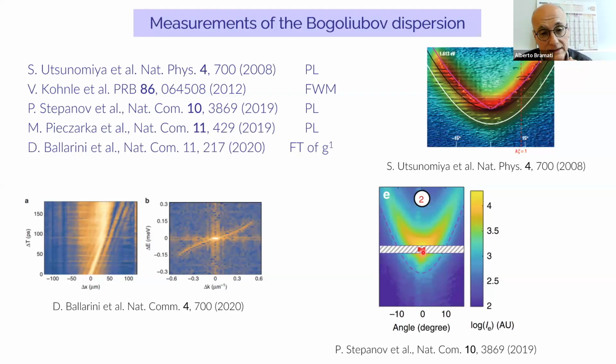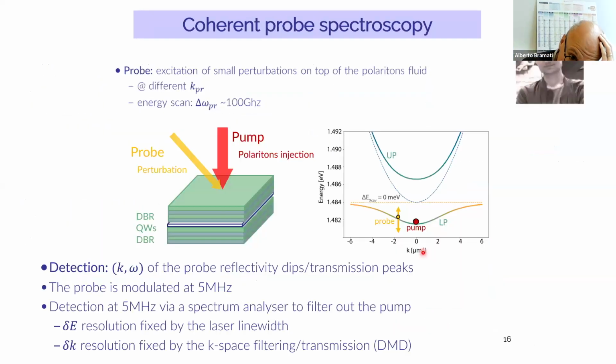So we have decided to try to improve this kind of measurement, developing a new technique called coherent probe spectroscopy, which we can see here. The idea is very simple.